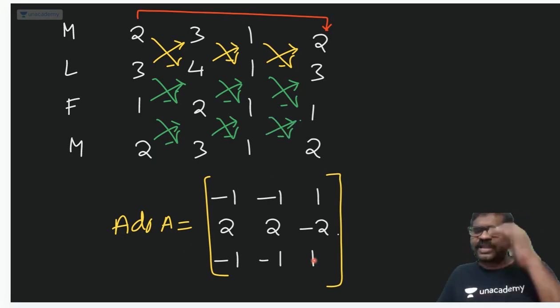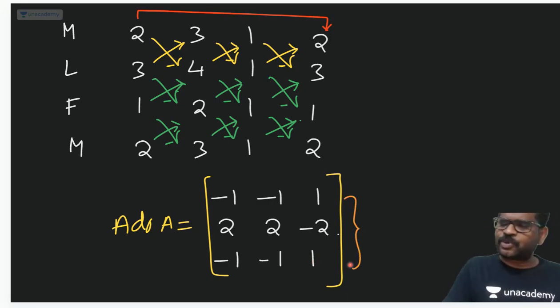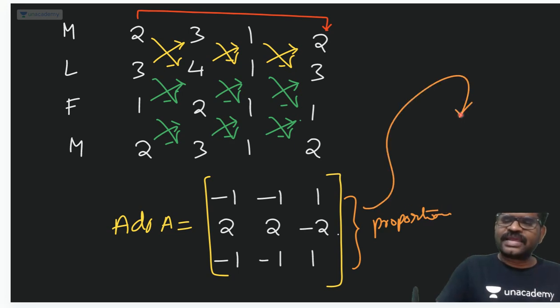Now verify all the rows. All the rows are proportional or identical. Therefore, rank of adjoint A is 1.